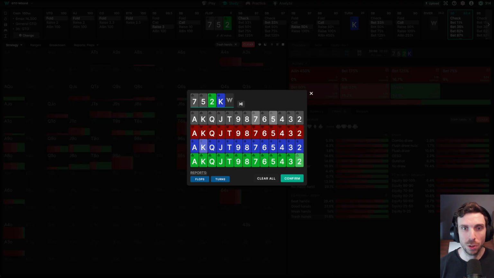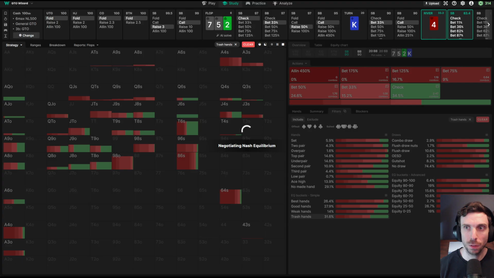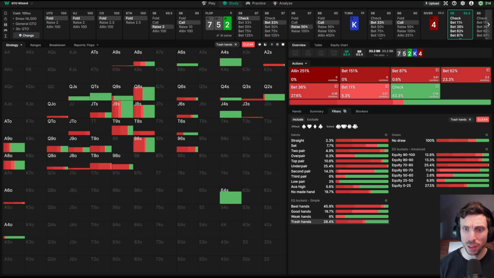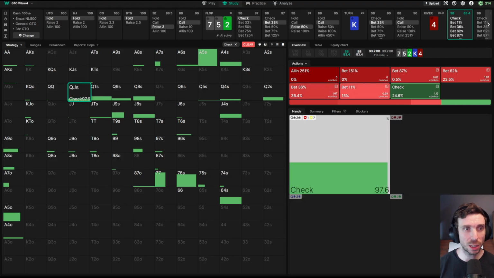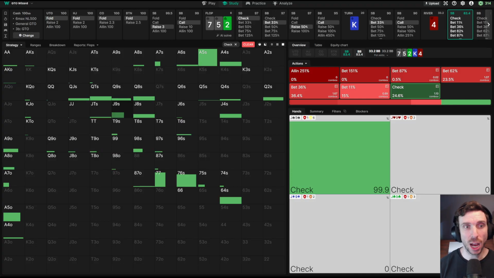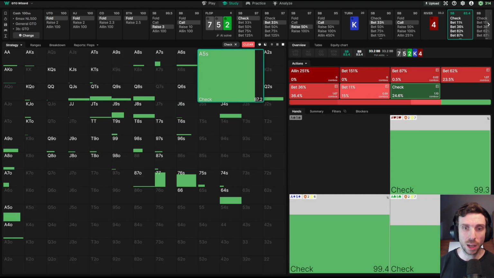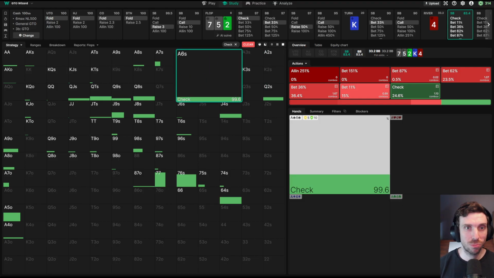So let's say the river is something like, let's try a random card, four of hearts. Now on the river, the small blind's still going to check 24% of the time with a lot of these queen high hands with spades that might miss, jack high hands with spades, ace high hands with a 5 of spades.